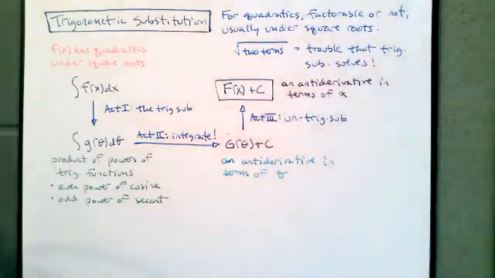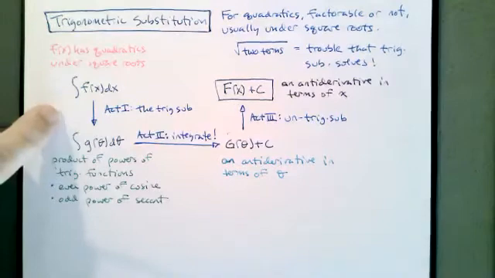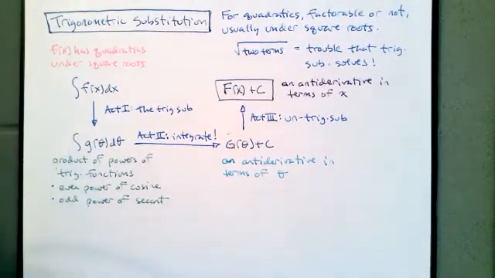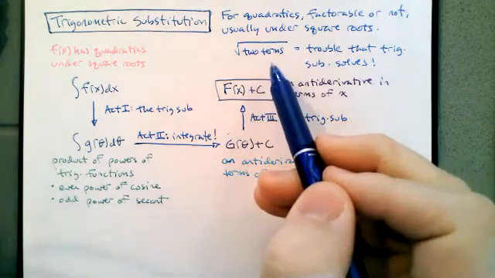Nice, simple 3-act structure. We have quadratics under square roots. We do the trigonometric substitution to rewrite the integral. This trigonometric substitution part is not part of the integration process. It's just rewriting the integral into a product of powers of trig functions. Specifically, it's taking care of this square root of two terms problem.